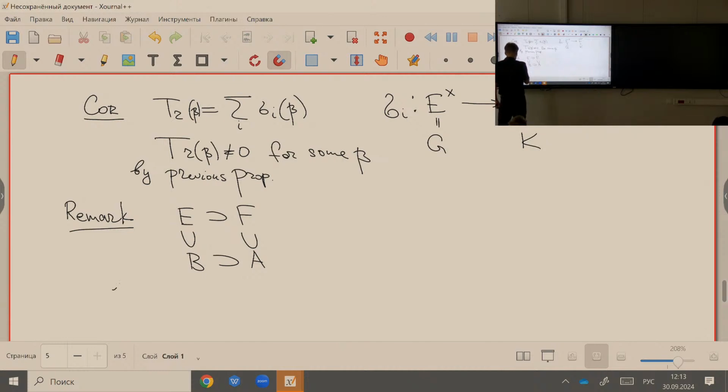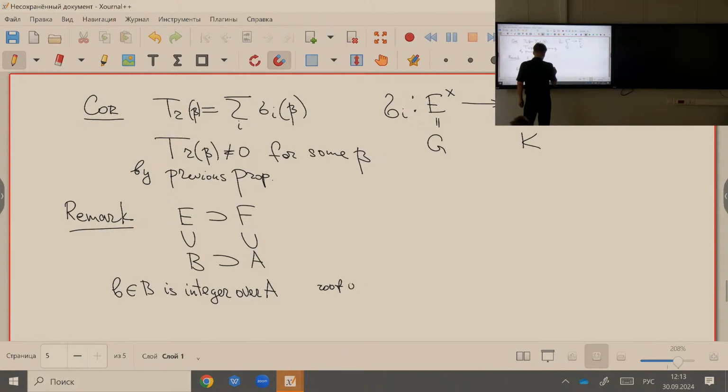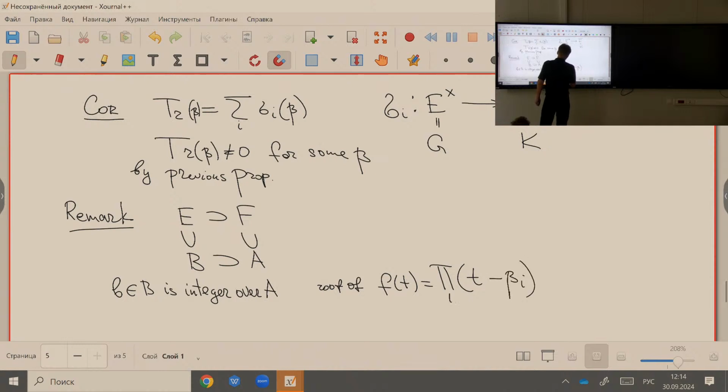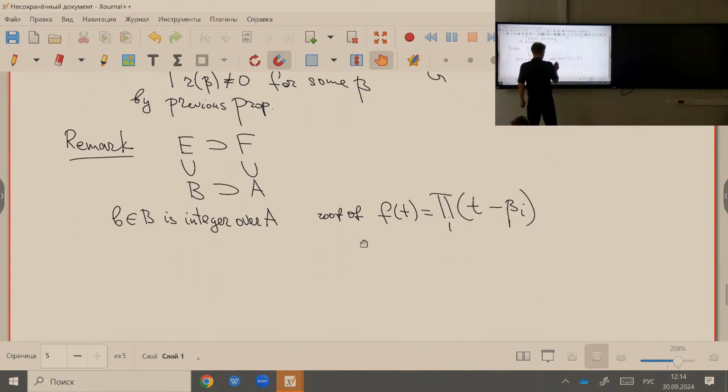So suppose an element b is integral over A. So it is a root of some polynomial, and notice that all the coefficients are integral.